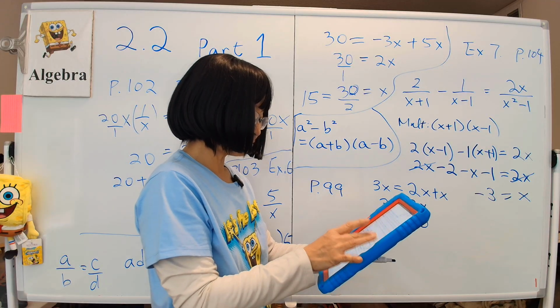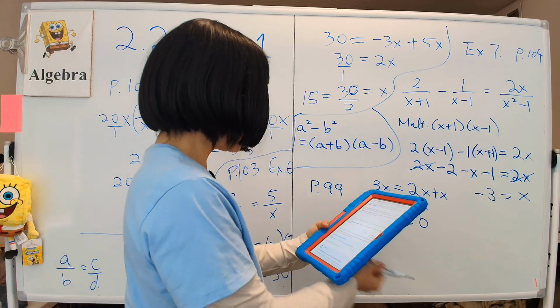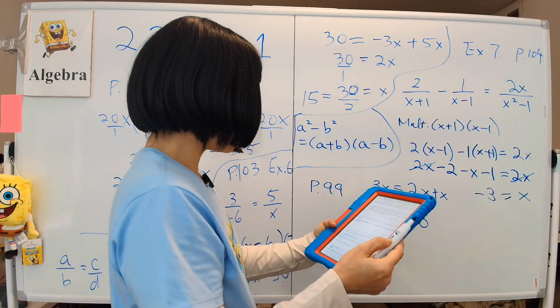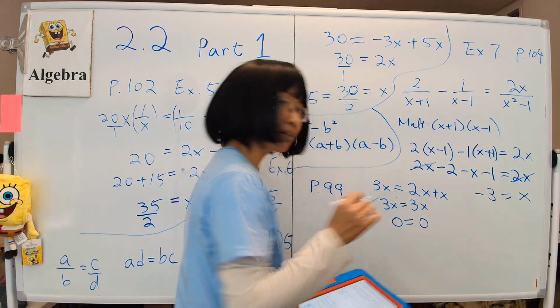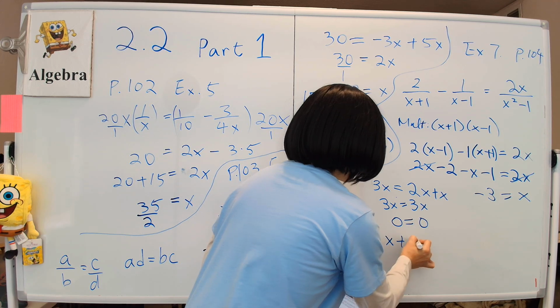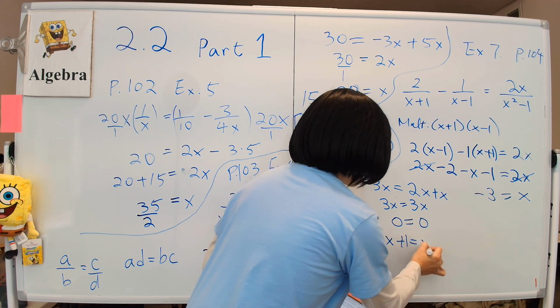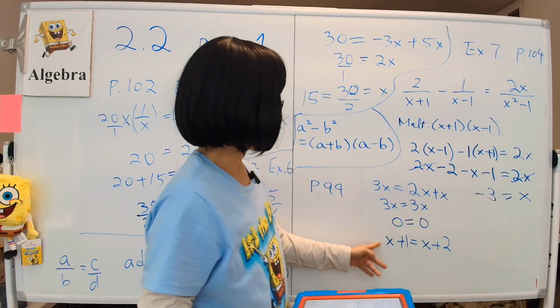Now another case is something like this. I don't even need the book's equation. Let's say you're solving some equation, and then you have x plus 1 equal to x plus 2, let's say. You somehow ended up here.